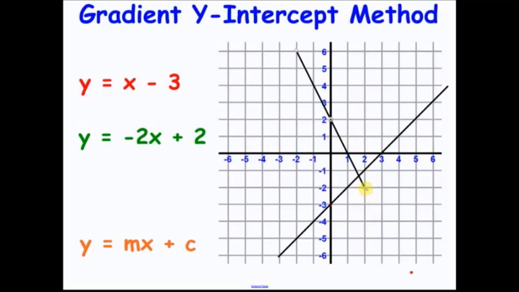So that's my line. Okay, 2 down, 1 across. So this is my line for y equals minus 2x plus 2. I've got a gradient of 2, a rise of 2 for a run of 1. It's negative, so it's left of the y-axis. And finally, I know it cuts my axis at plus 2.